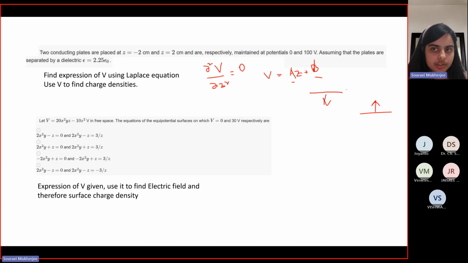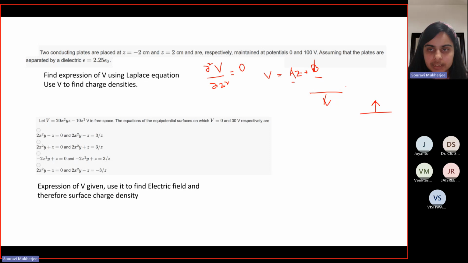So at this point, you use the relation sigma is equal to minus epsilon del V del Z at Z equal to 2. Here it will be again sigma equal to minus epsilon del V del Z at Z equal to -2. So at this point, you basically have these normal components.